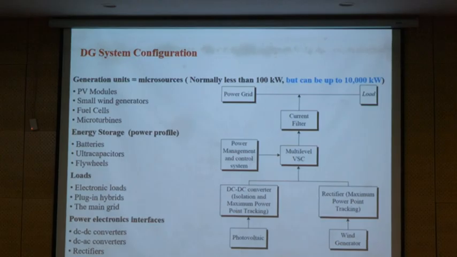Harmonics is a major challenge. Dependency on the nature, dependency on environmental conditions. Storage. Major stages in conversion from AC to DC, DC to AC. Many power conversions are required.